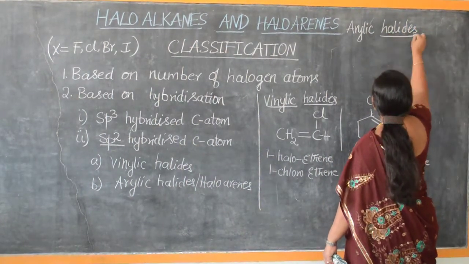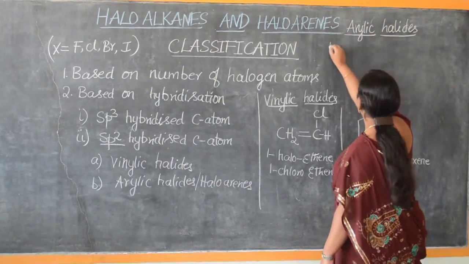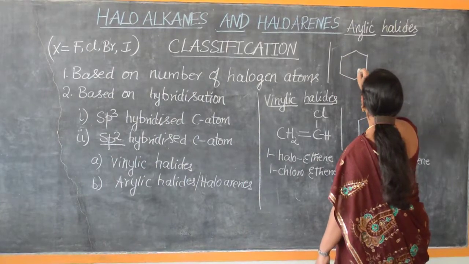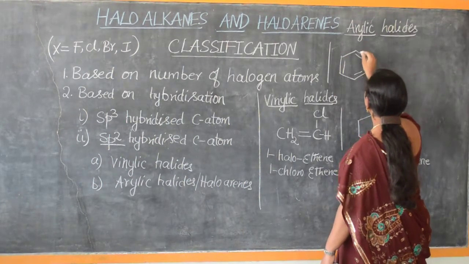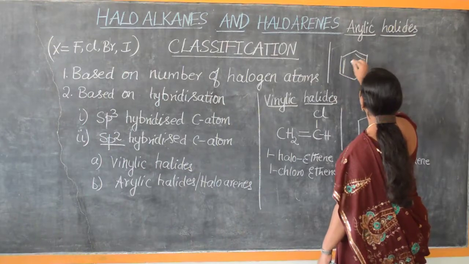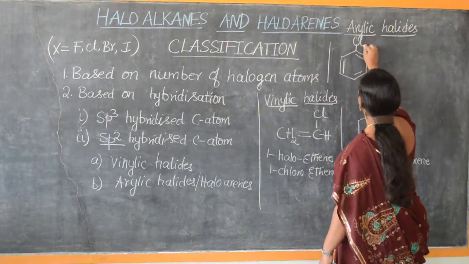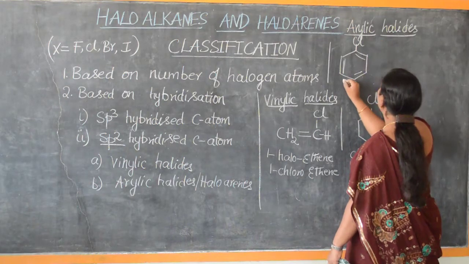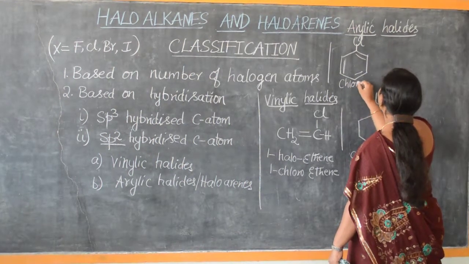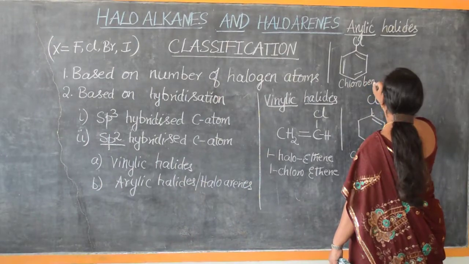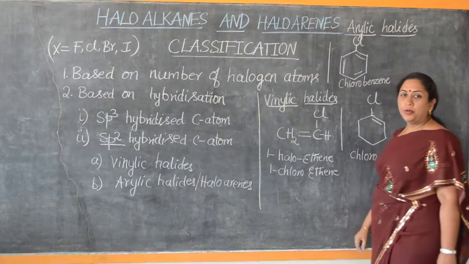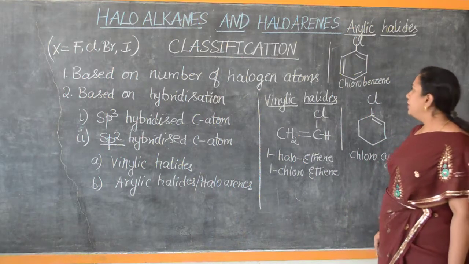These are the halogen derivatives of the benzene ring. Say for example, this is the benzene ring. If a halogen is attached to the benzene ring, the name of this compound is chlorobenzene. Now, take a proper look at this chlorobenzene structure. What do we see?